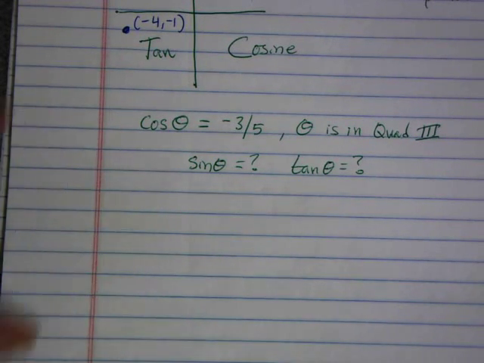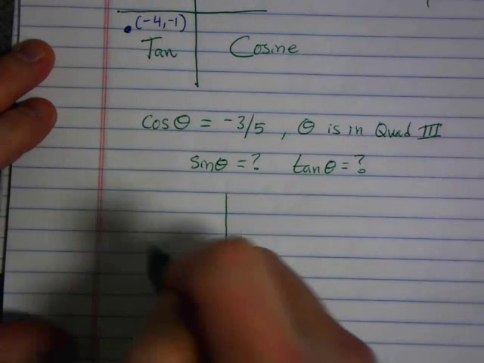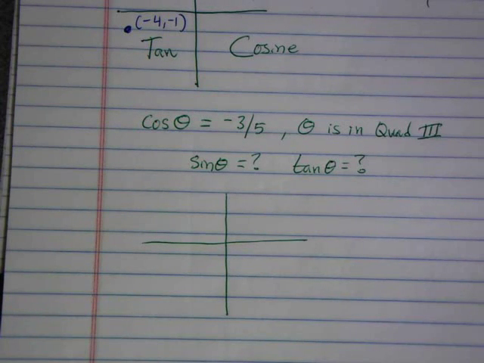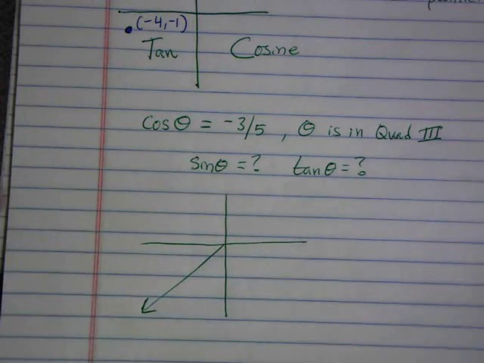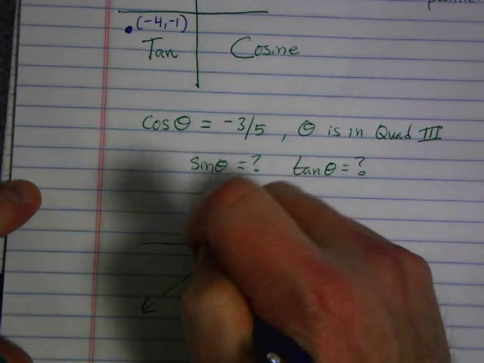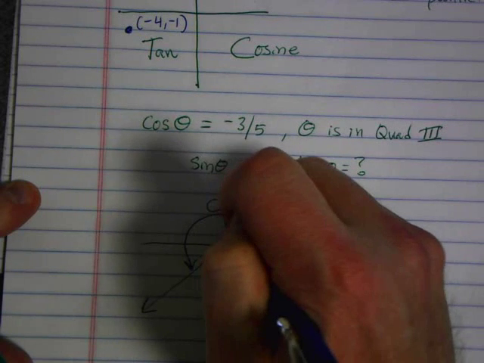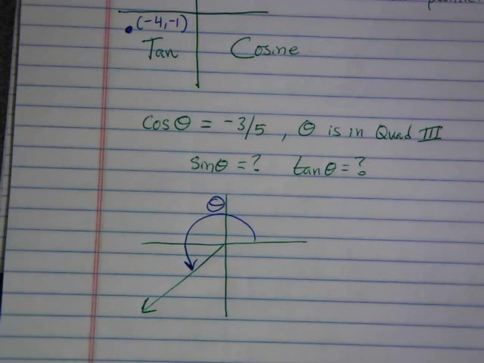I would draw a picture. I like pictures. What do I know? Theta's in quadrant 3. All right, so I'll draw something here that's in quadrant 3. So here's my angle theta. What else do I know?